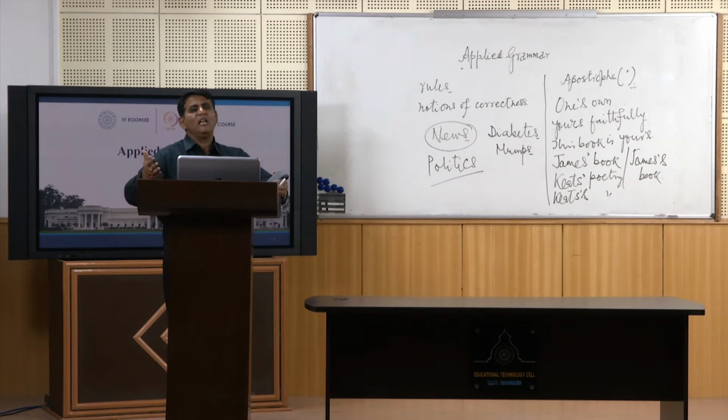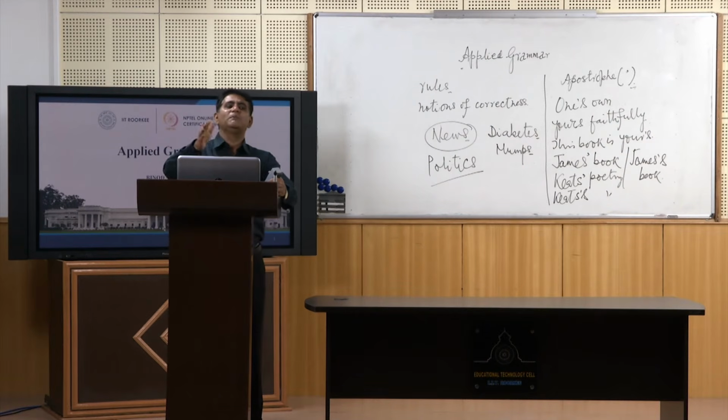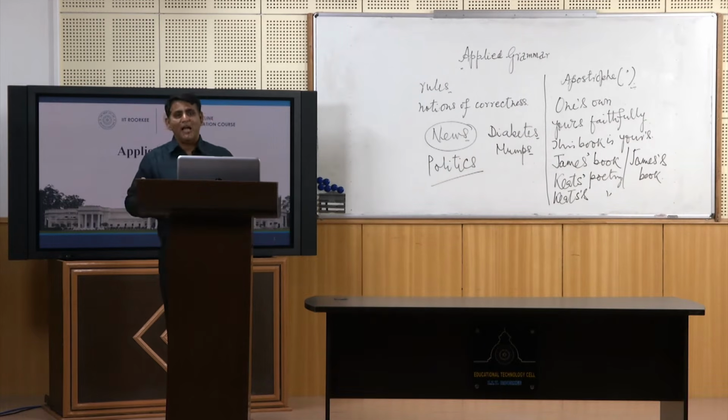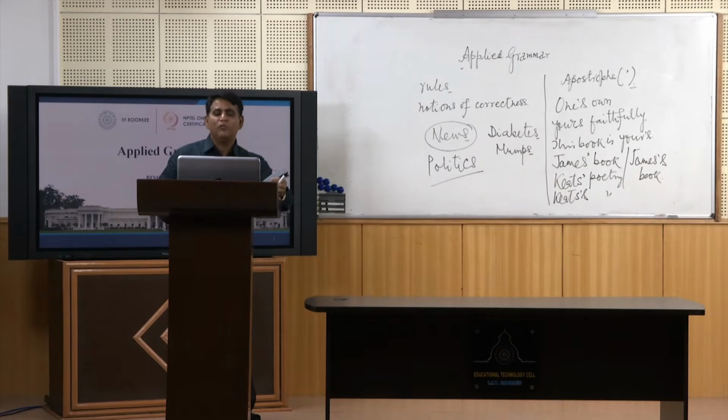Even in your day-to-day life, if there is no agreement between two people, they cannot walk together, isn't it? So in sentences, in language, there has to be an agreement between the subject and the verb.